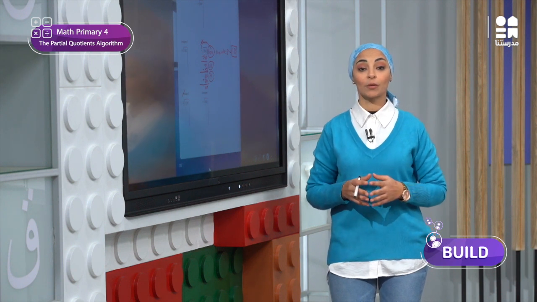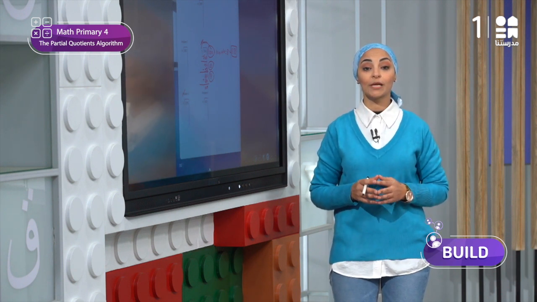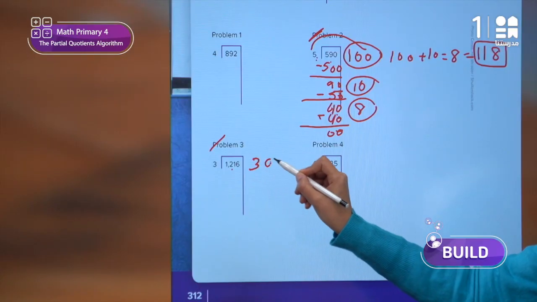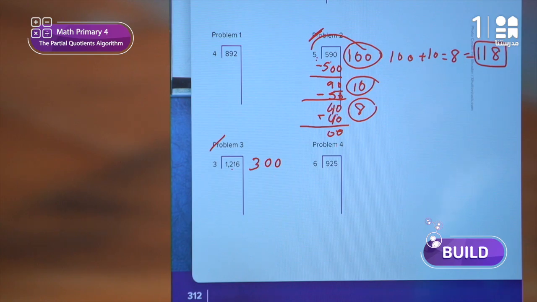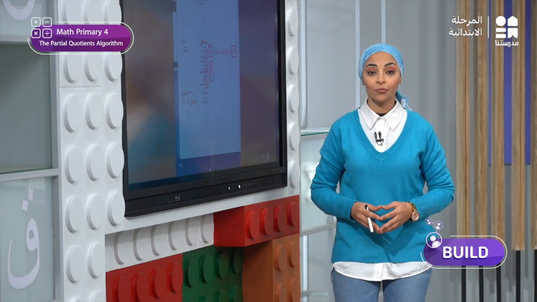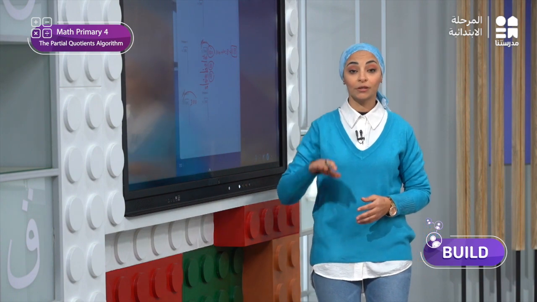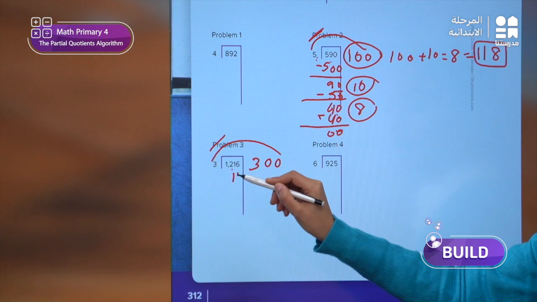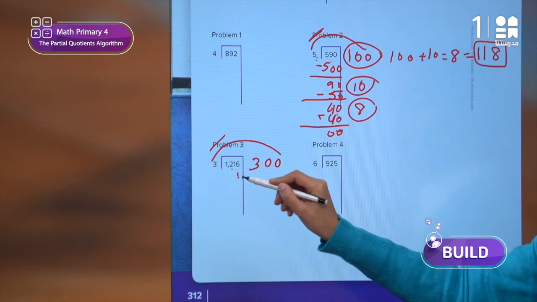So the quotient will be what? The quotient will be 300. Where will I write it? I will write it at the right side here. Okay? Now, if I multiply 300 times 3, the answer is 900. So I will write the 900 under the dividend. I will write 900 here. And then I will do subtraction.